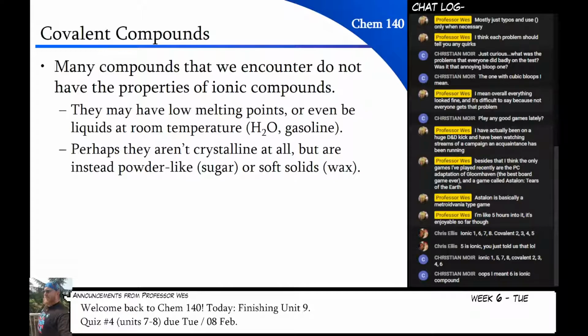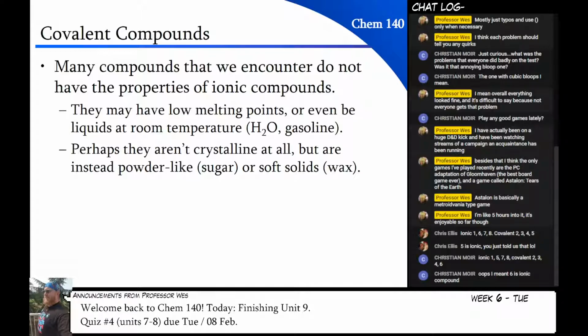And a lot of covalent compounds are like this. For example, gasoline is a liquid at room temperature. Butane is actually a gas at room temperature; it's only a liquid because it's pressurized. But propane that you use in your barbecue, or your various propane accessories, I'm trying to tie King of the Hill in here because my streaming group is on a King of the Hill kick.